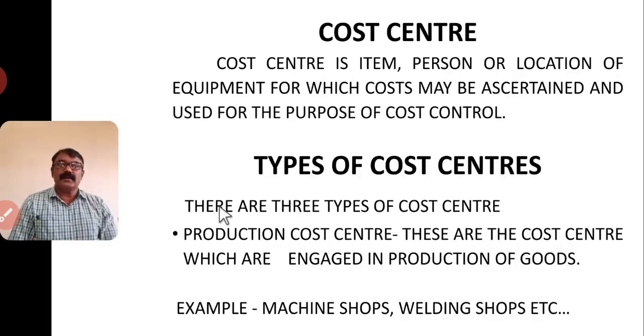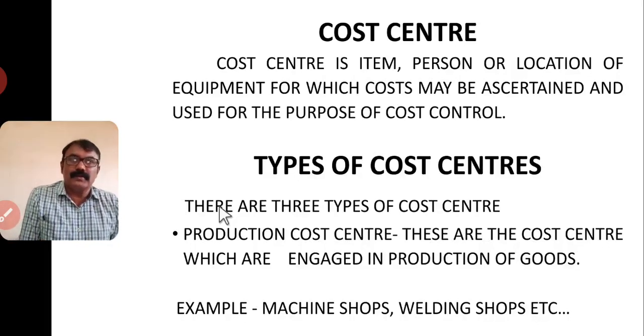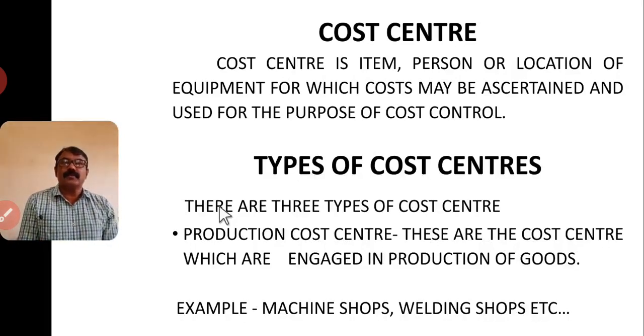And what is the cost center? We saw the cost unit. In the cost unit, we considered product, service, and time. Here, a cost center is an item, person, or location. These three factors are very important for the ascertainment of cost for cost centers. These are the centers where the cost will be ascertained.